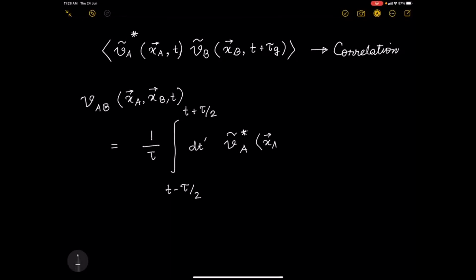of the voltage signal at antenna A at time t, and the voltage signal at antenna B, not at time t, but remember that the signal from the sky does not reach the two antennas at the same time.